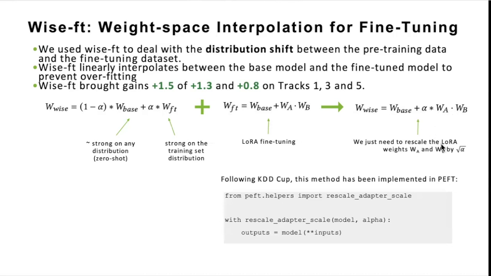So basically, they just need to rescale the LoRA weights A and B by a square root of alpha. And actually, this method has also been implemented in PEFT. It's a very popular package for parameter-efficient fine tuning methods. So there's also a rescale adapter scale over here.